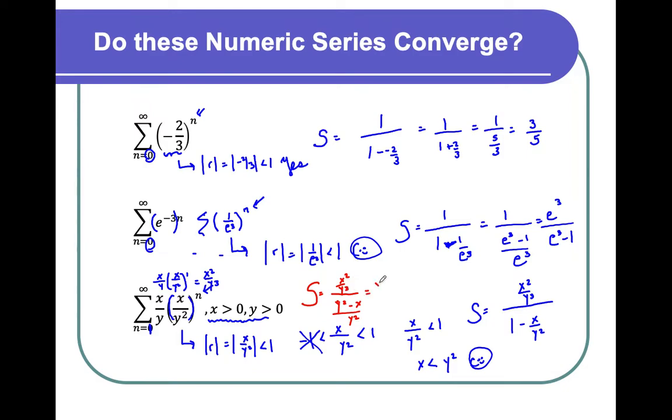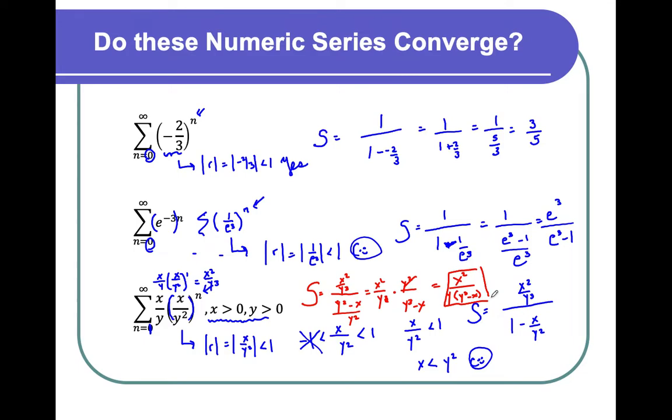So that would be x squared over y cubed times y squared over y cubed minus x. That would cancel out, leave me with a y. Lost my place. Where am I? Oh. y cubed minus x. Okay.